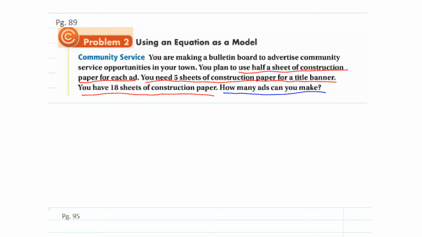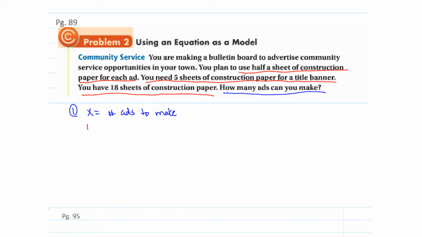So first I'm going to define my variable. My variable is going to stand for what I'm looking for. How many ads can I make? So let's let x be the number of ads to make. Now it tells me I plan to use half a sheet of construction paper for each ad.